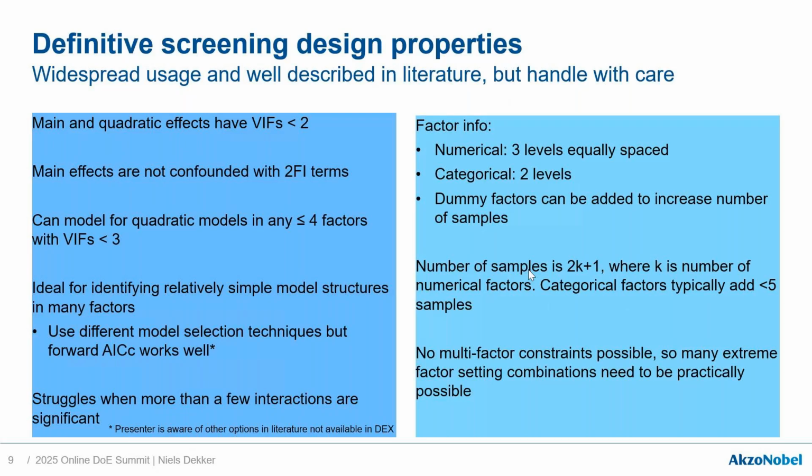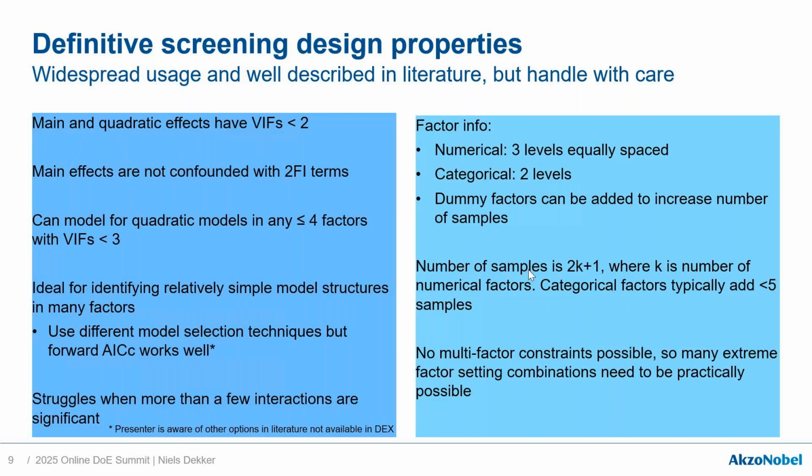With these designs, this is what you get, so you can't add multi-factor constraints, like wanting 2 factors not to be above this or that. And you have to be careful that your extreme factor setting combinations are practically possible, because in a definitive screening design there are many samples where a few of your factors are either at the high level or at the low level, and of course that needs to be executable.